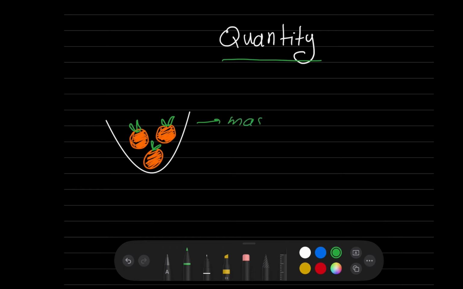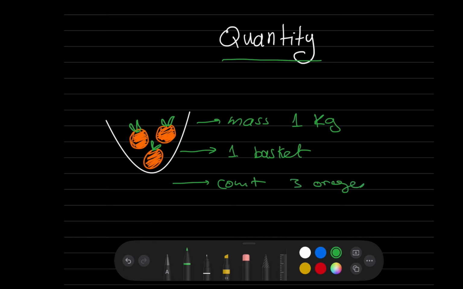So I can say the mass of these three oranges is about 1 kilogram. I can also represent this amount in terms of one basket, like a volume. In addition to that, I can describe this quantity in terms of count, in which I have 3 oranges.